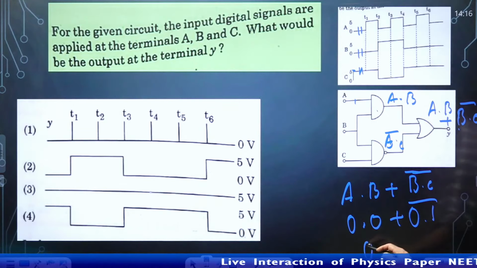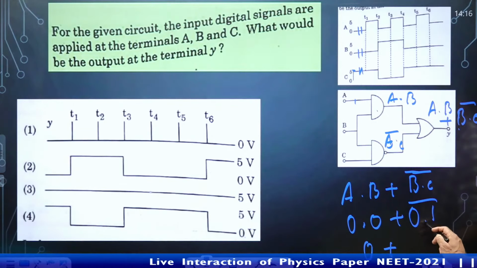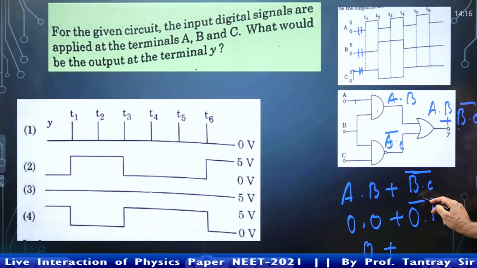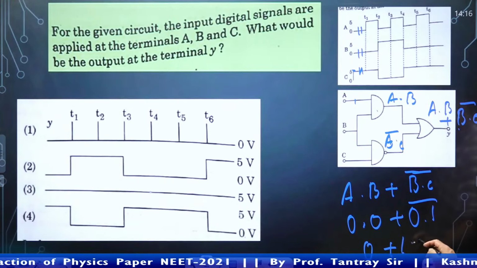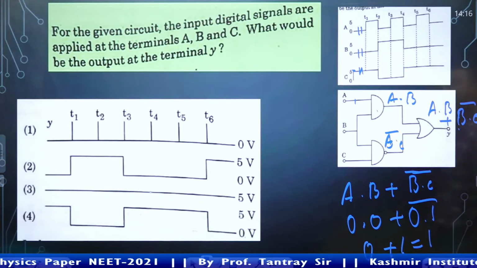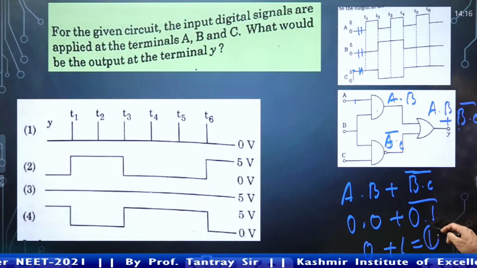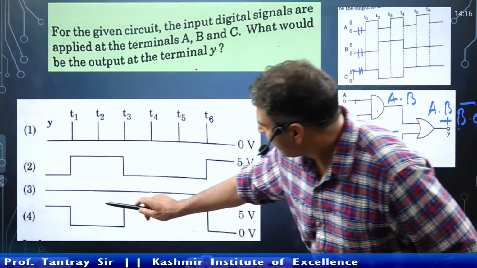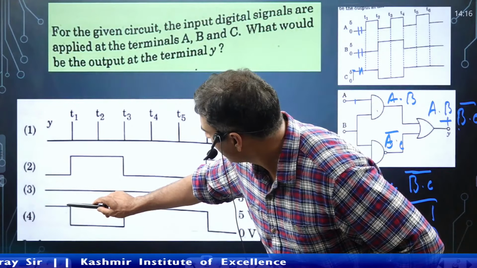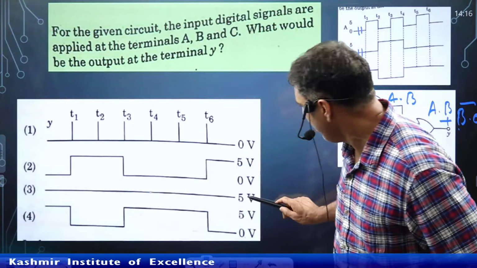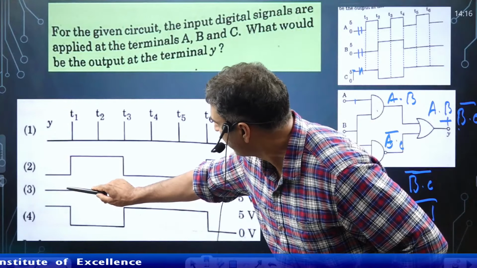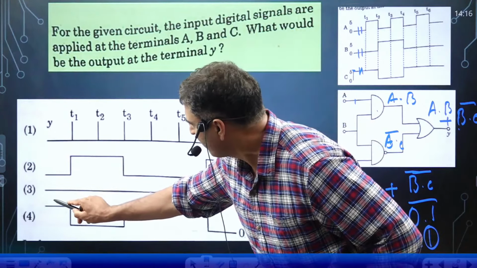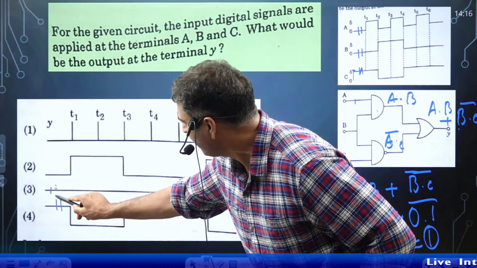It is 0 or 0, 0 and 1 is 0, inverted NAND, that is 1, that is 1. So I have higher input. Higher input is where? This is higher input, this is higher input, this is higher input, this is lower, and this is lower 0. So that means I have to make a choice between these two.